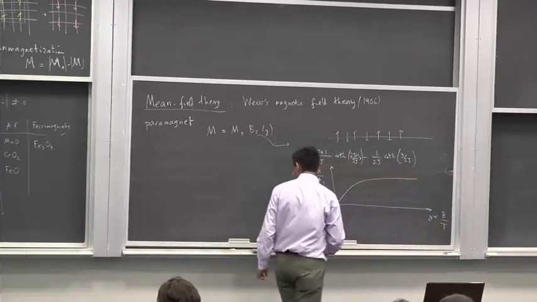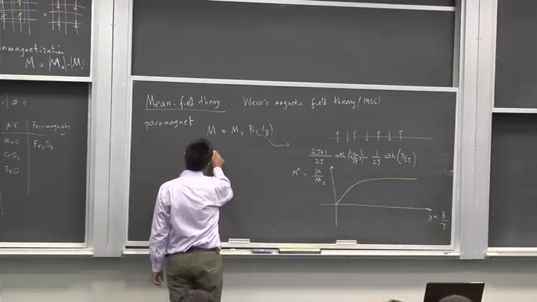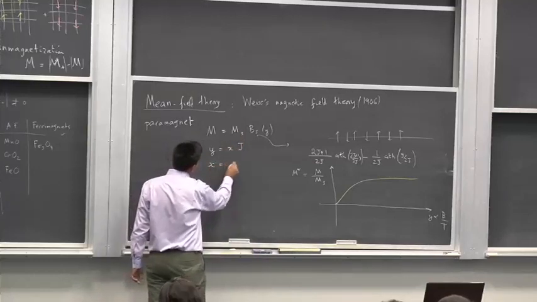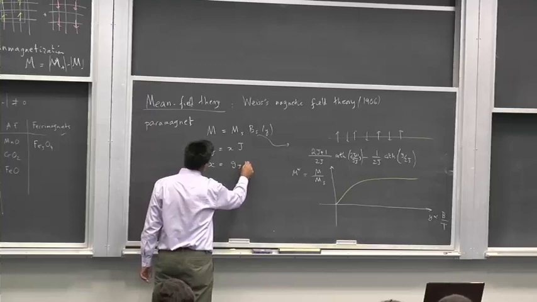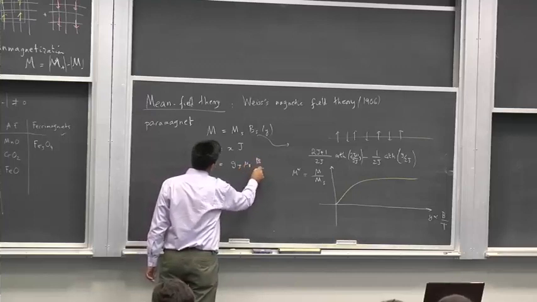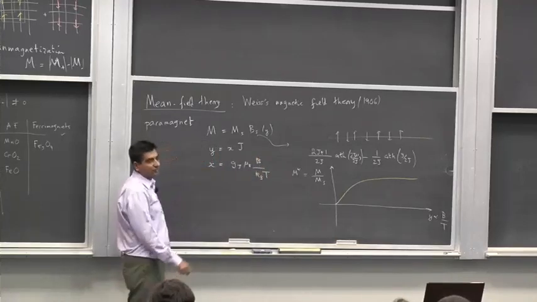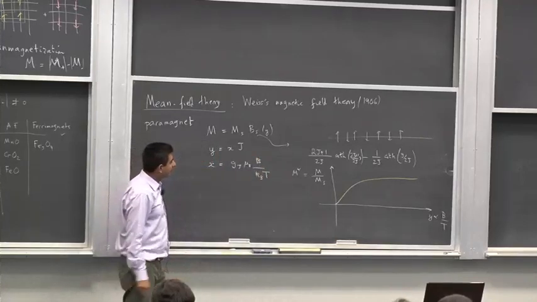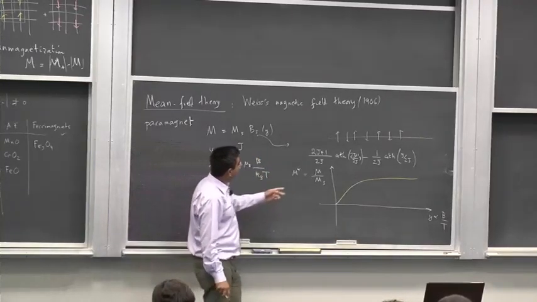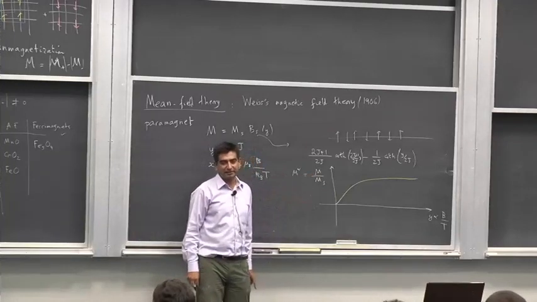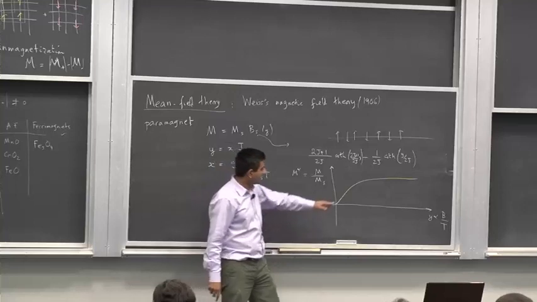Remember that my y is given by x times J, and my x is given by g_J mu_B B over k_B T. These were our earlier lectures on isolated magnetic moments. Now if I would like to have the magnetization equal to the saturation magnetization, I would like to be somewhere here.